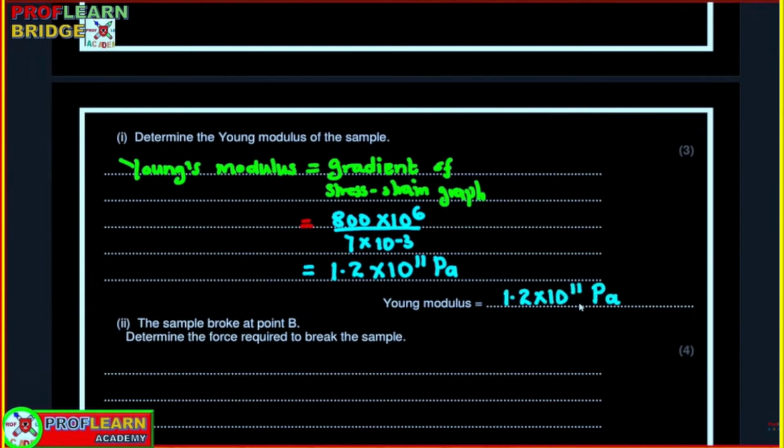Now, something else that you need to remember is that Young's modulus tells you how stiff a material is. Those materials which are very stiff have a large Young's modulus, meaning that it will be very difficult for you to bend such materials.